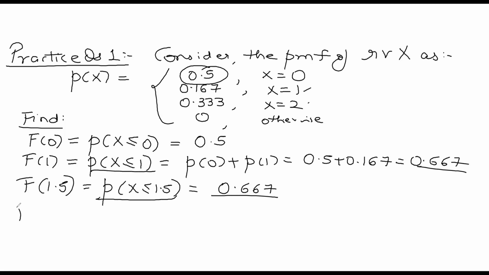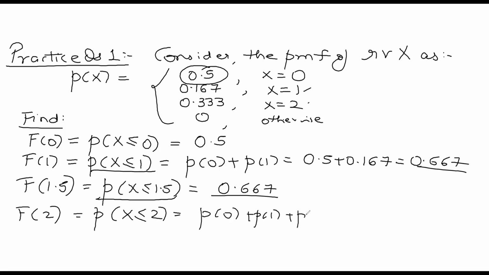If I ask you f of 2, that will be probability of x less than or equal to 2. That means P of 0 plus P of 1 plus P of 2, the sum of these three terms, which will come out to be 1.